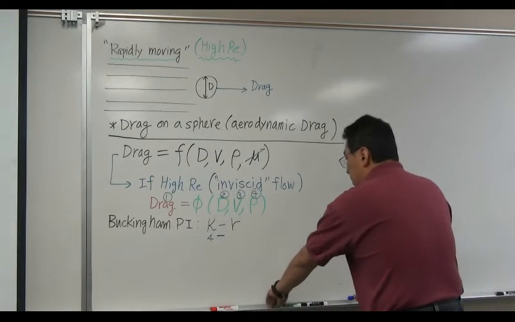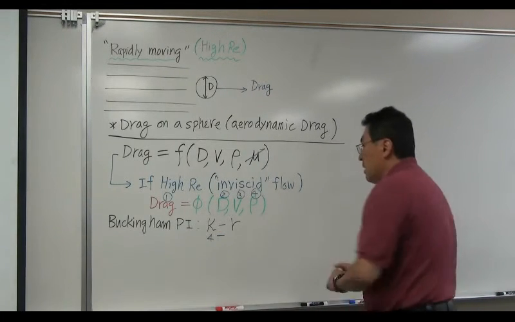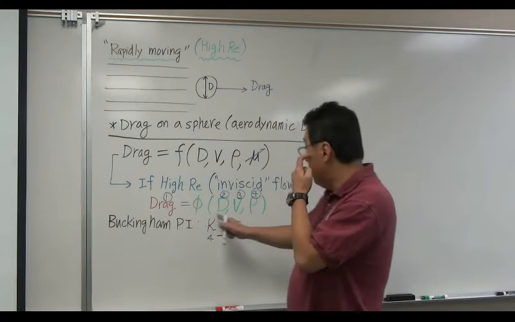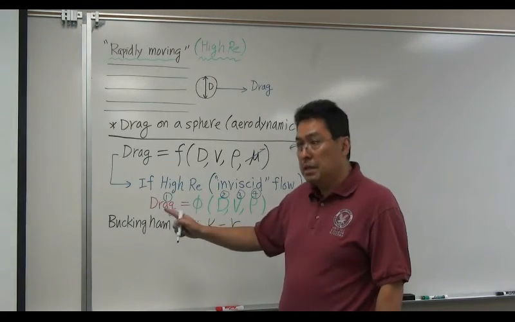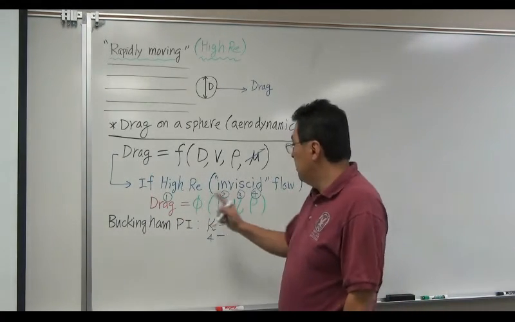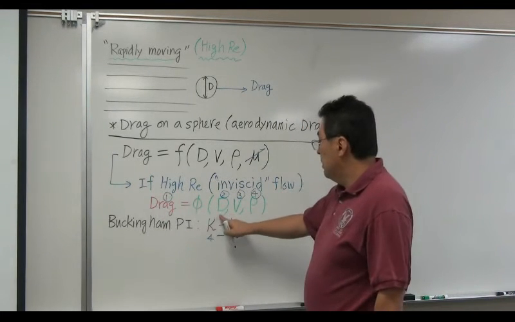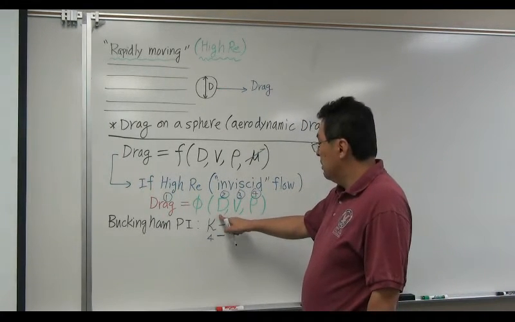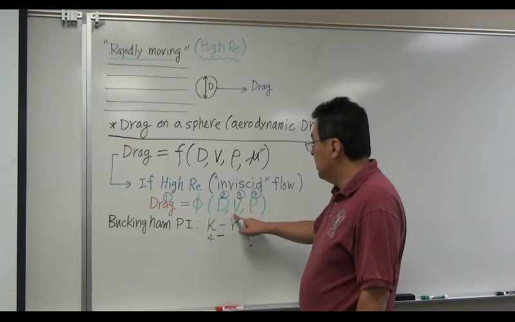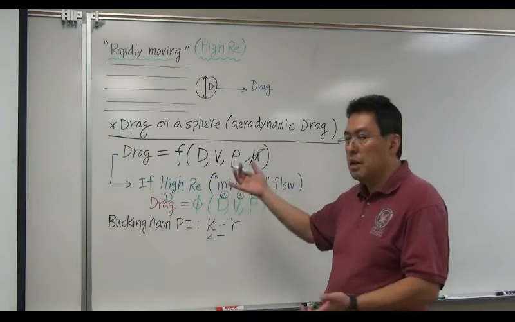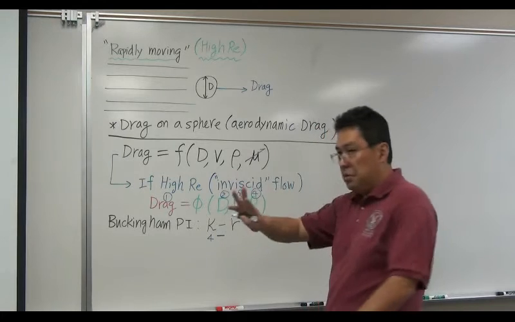If you look at each independent variable, how many basic dimensions do you need to represent each? Drag is a force. Okay, good. Diameter is a length. Velocity is length over time. Well, it looks like force, length, time, or mass, length, time. All three used.